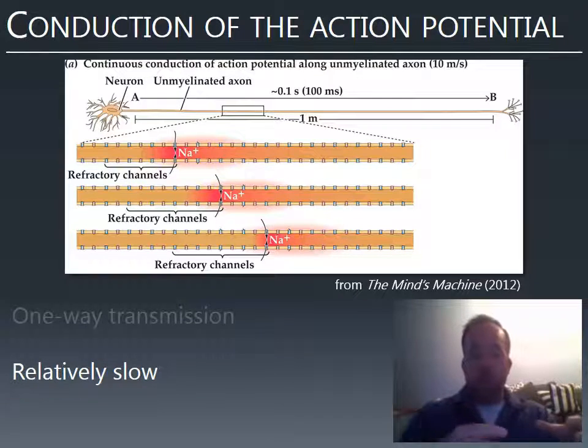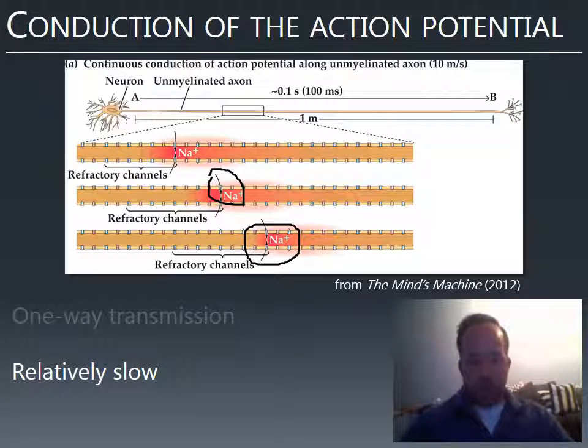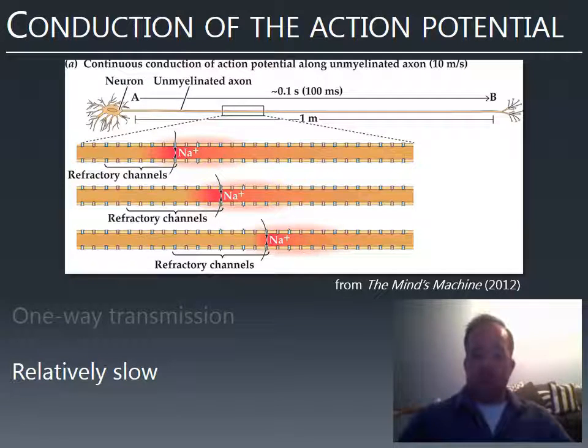So it's going to depolarize all the sodium channels that are nearby, and that's going to open up those sodium channels. Sodium is going to flow in there, and of course that's going to depolarize the next section. So the positive charge will propagate down that way, and it just keeps on going down the axon because the positive charge flowing in at one location opens the sodium channels at the next location. So that's how an action potential moves down the axon.